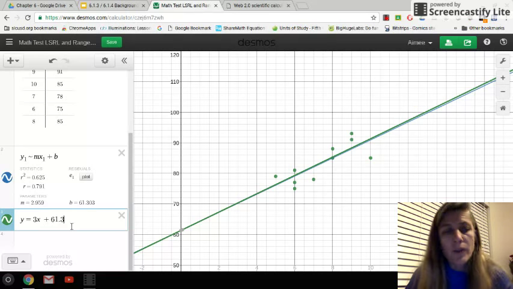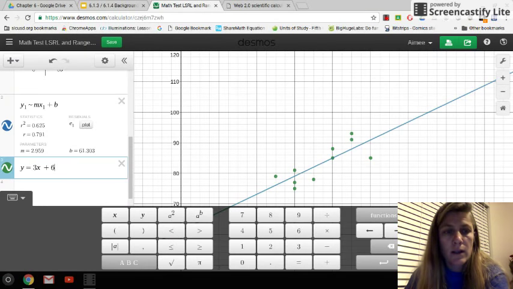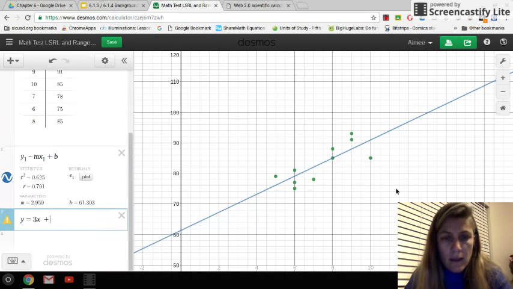So I'm going to change my intercept in order to have the line go through this point right here. I know that my y-intercept is going to need to be below that 61.3. So I'm just going to play and guess with my y-intercept until I find the perfect y-intercept that's going to make it go through my dot here that's furthest away.